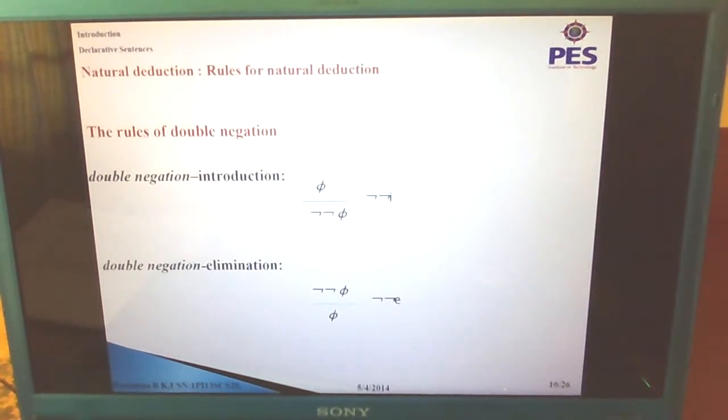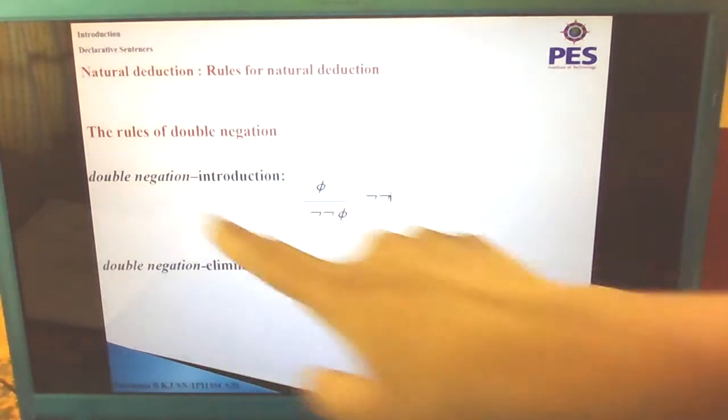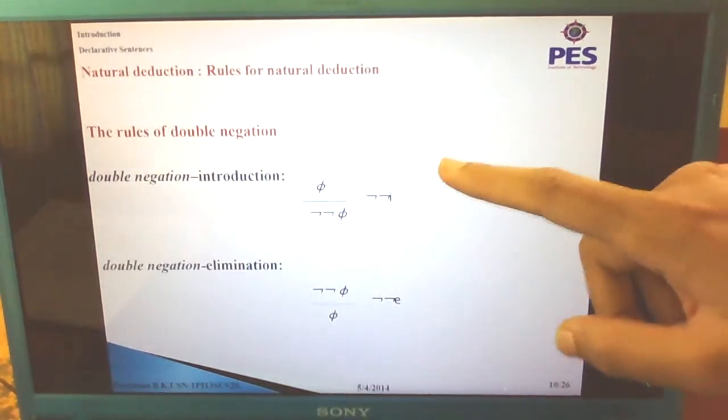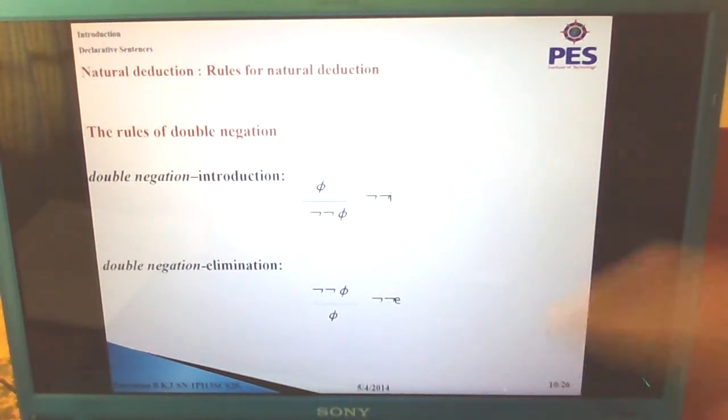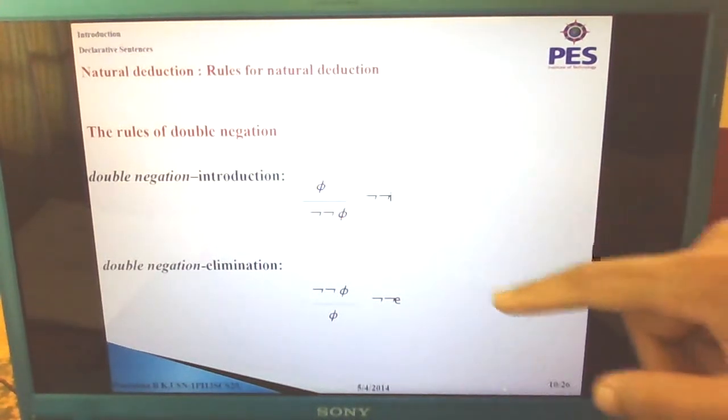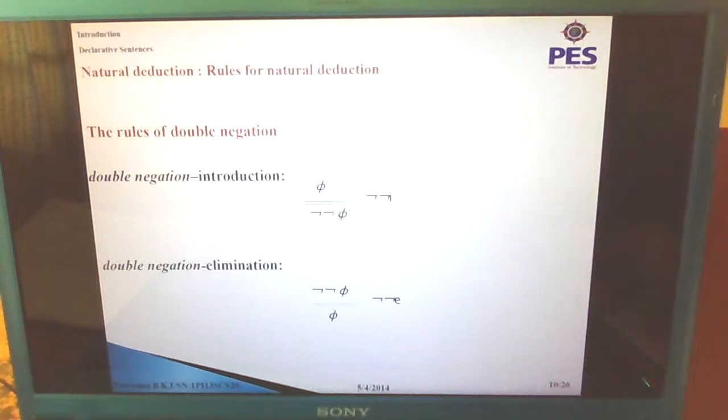Rules for double negation. Double negation introduction: there is no difference between the formula phi and the double negation of phi, which expresses nothing more and nothing less than phi itself. For example, if it is not true that it does not rhyme, it just means it rhymes.